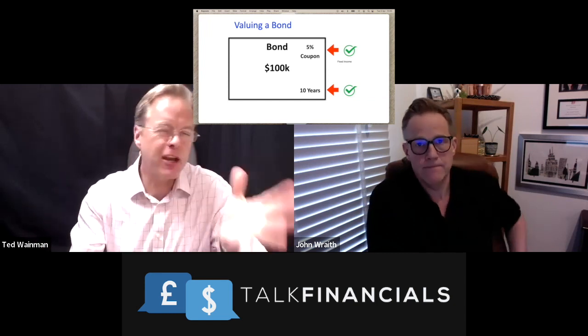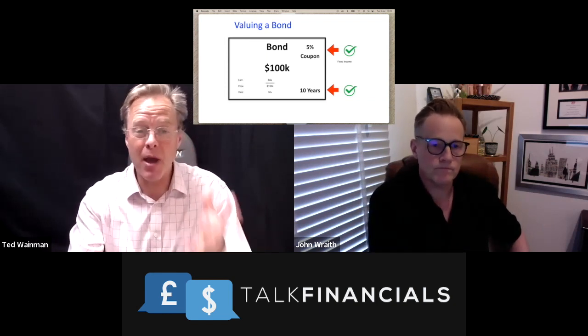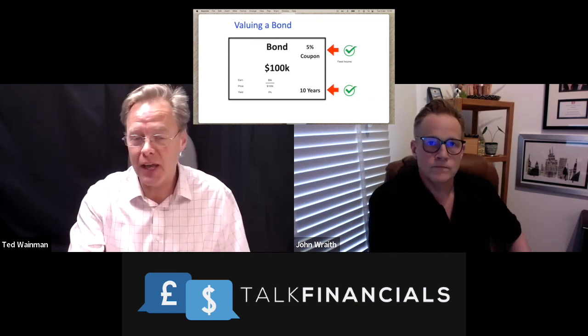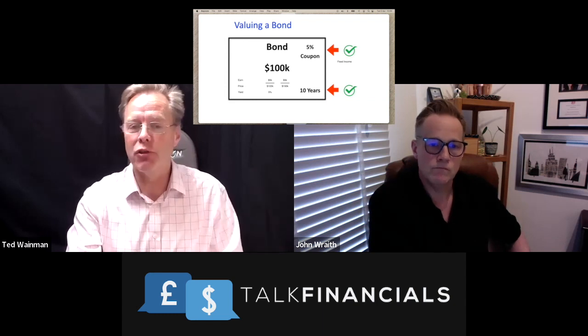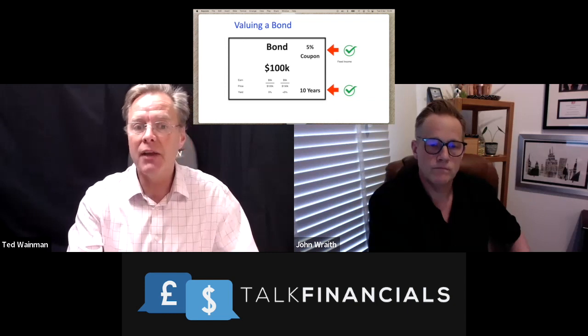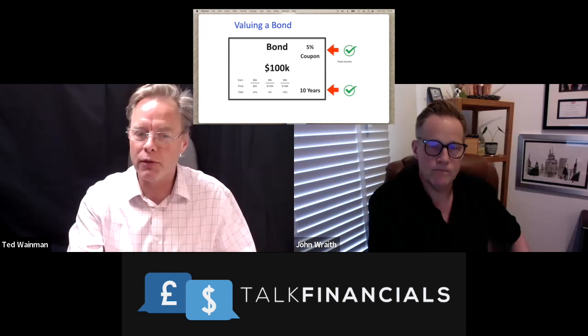For the sake of this example, we don't really need to know the intricacies. But what we do need to know is that if I pay $100,000 for this bond, I'm getting a yield of 5%. And just to reiterate, if I pay more than $100,000, then I'm getting a yield of less than 5%. And if I pay less than $100,000, I'm getting a yield of more than 5%.